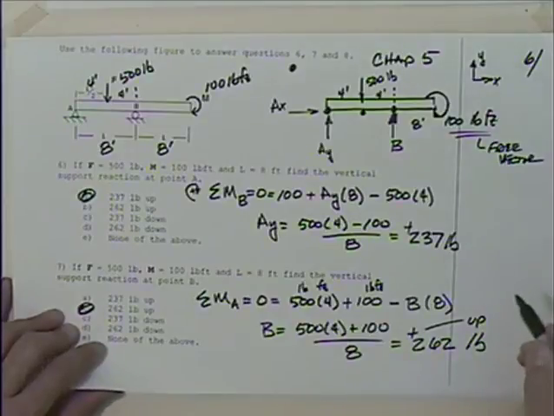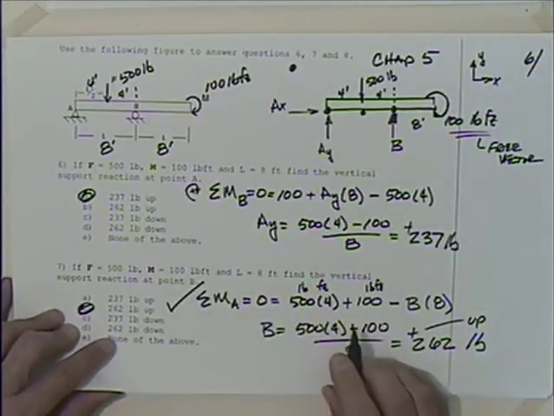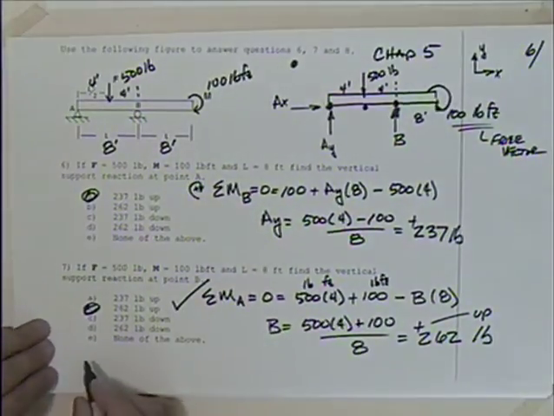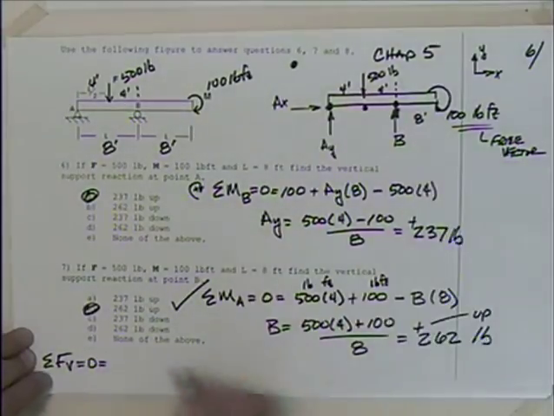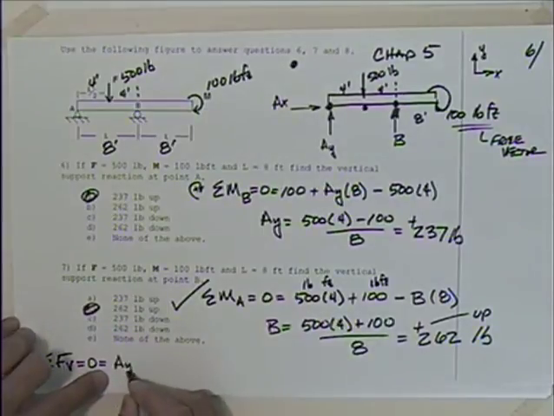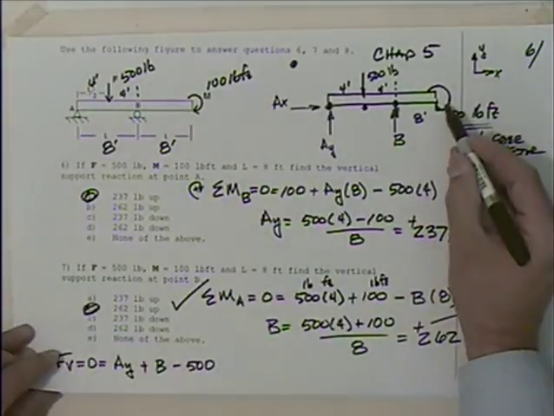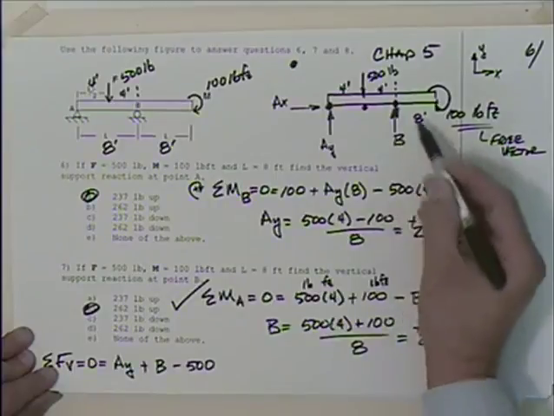Now in the solutions on the problem, I actually did this equation, you'll see, and then I said, well, I'm going to go ahead and sum the forces in the vertical direction. Summing the forces in the vertical direction, setting those equal to 0, y being the vertical direction, I have AY plus B minus 500. That's a moment. That doesn't show up in the force equation. So I just have this force up, and that one down.